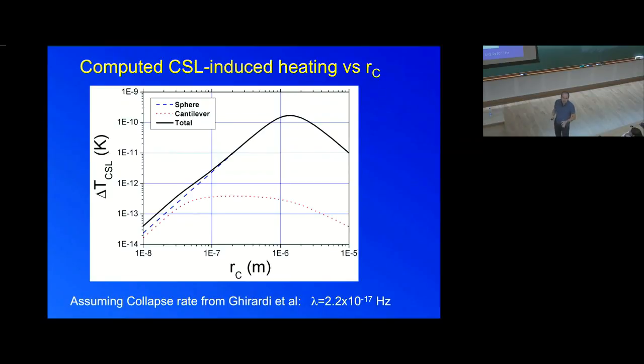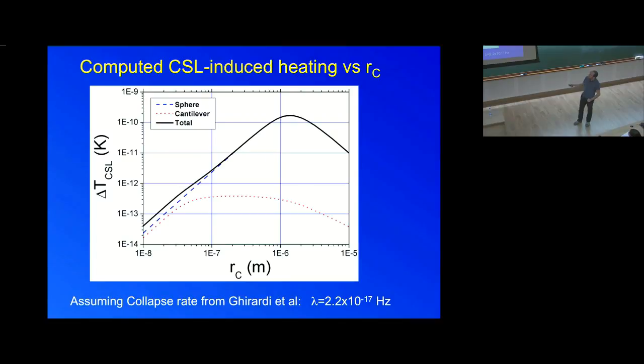This is a calculation just applying the theory of the CSL model. We fix lambda in this case, which is 10 to minus 16 hertz. This is actually the lowest value that you can find in literature, the original one proposed by Ghirardi, Rimini and Weber. And for this lambda, we get this heating in our system as a function of RC.